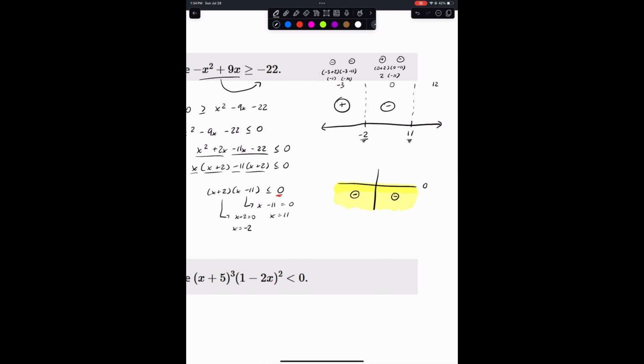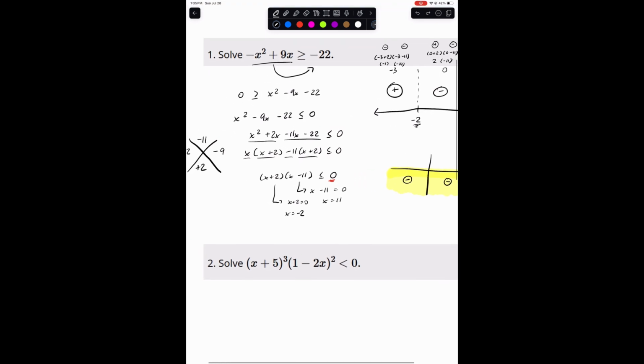And for 12, we have 12 plus 2, 12 minus 11, which is 14 and 1. That's positive, positive, and positive. Every time I go across a critical point, I switch the sign. And a region cannot be both positive and negative, because for that to happen, you would have to cross the x-axis. So by testing one point, you can see whether the entire region is above or below the x-axis.